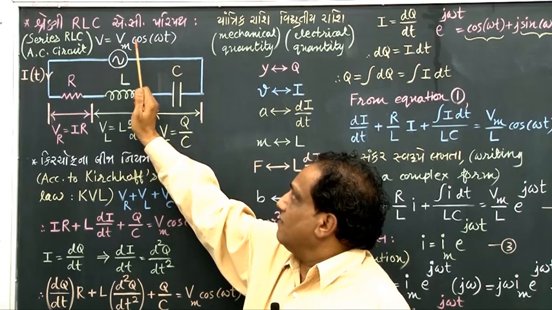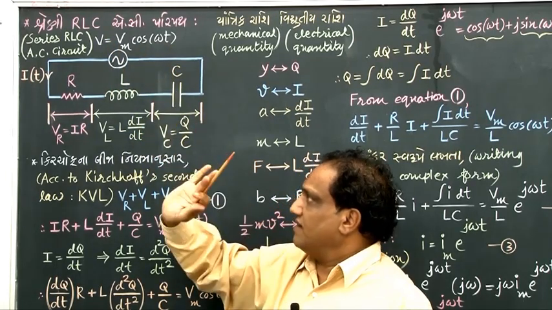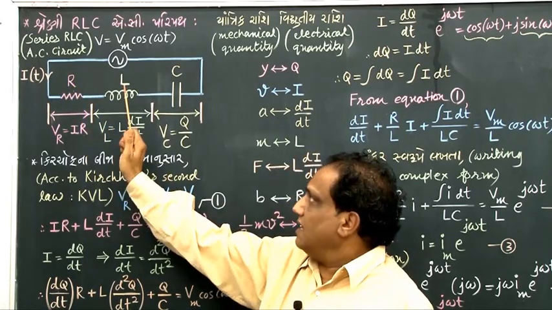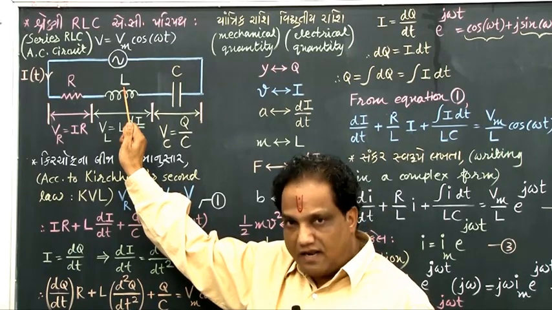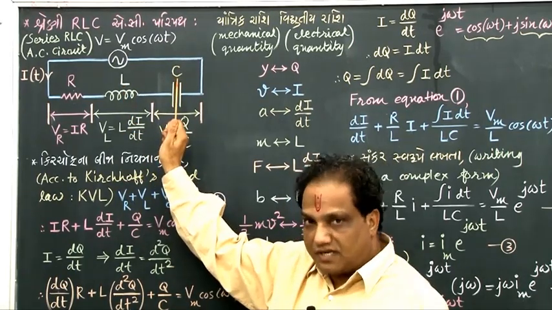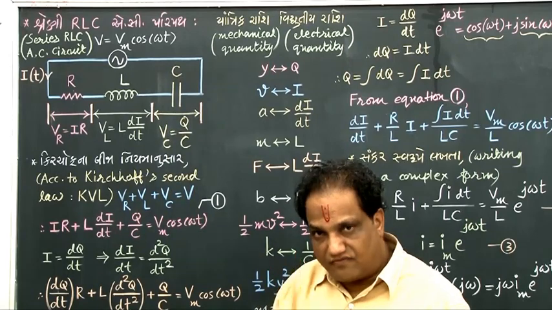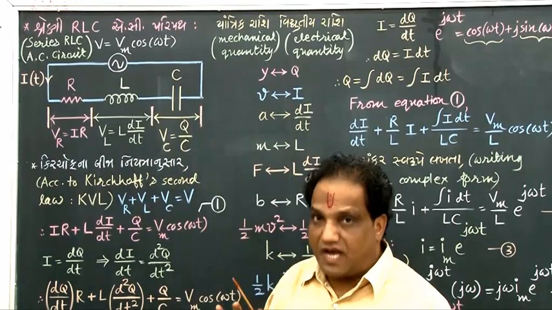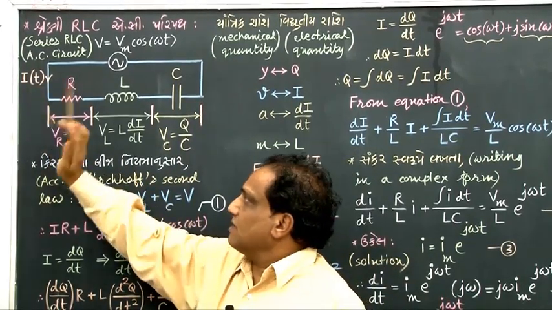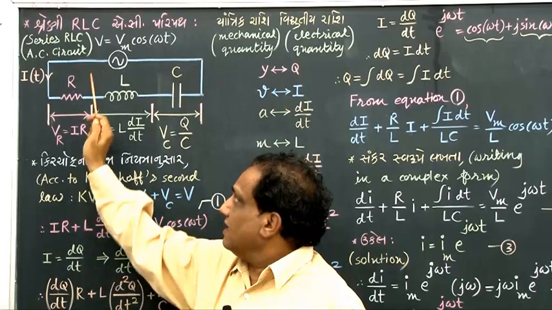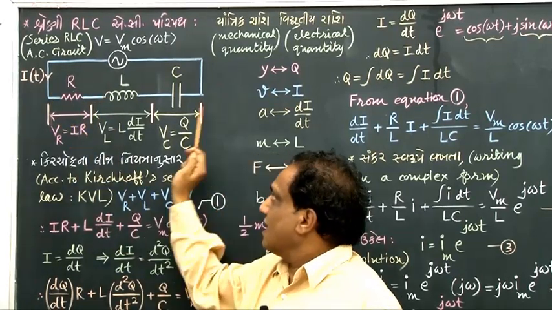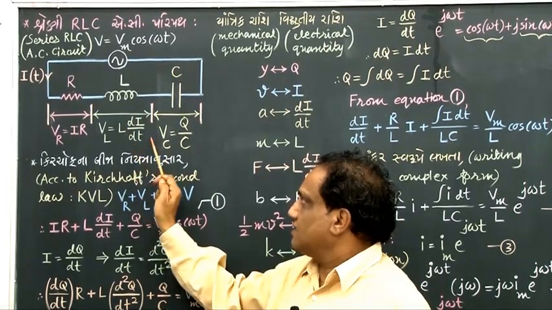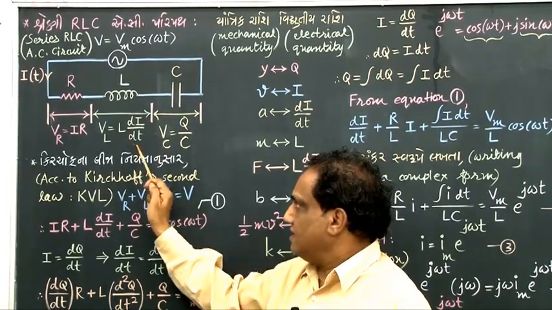Resistance of resistor, I am taking R. Inductance of an inductor, I am taking L. Capacitance of capacitor, I am taking as capital C. Now in this circuit, at a particular instant of time, say at time t, suppose value of current is I, flowing in this direction, and at the same moment, the time rate of change of current is di by dt.